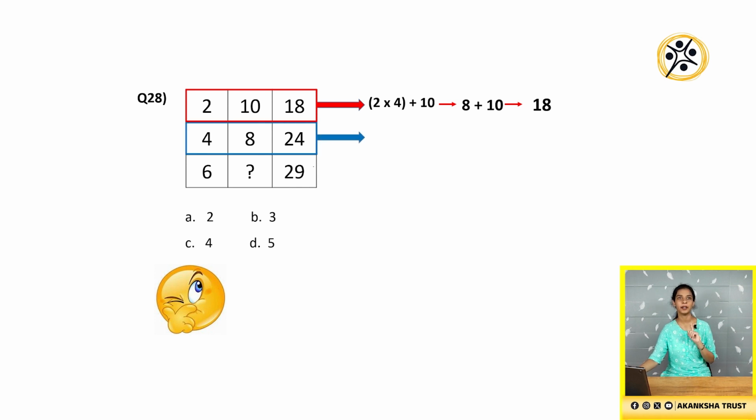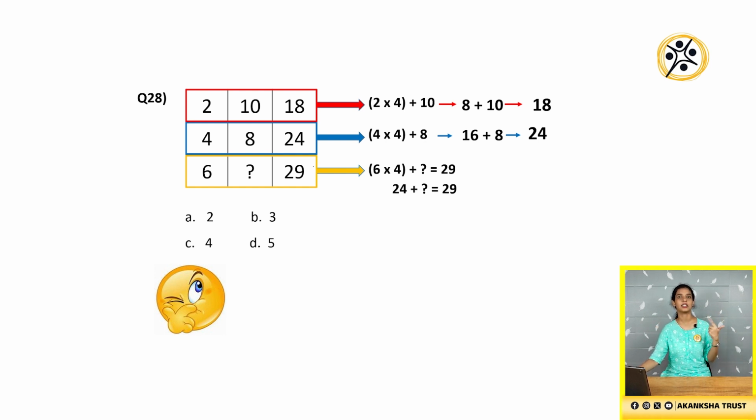Again, we'll try to apply the same logic for the second row entry as well. That is 4 into 4, that is 16. When you add it with 8, we get the sum of 24, which is the entry. So let us apply the same rule for the third row entry as well, that is 6 into 4 plus the missing number gives us the sum of 29.